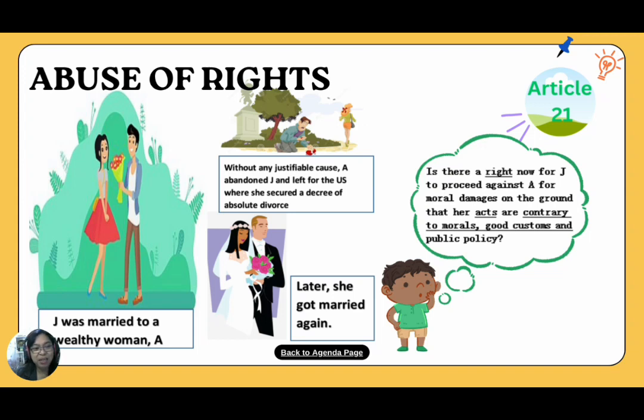Does J have the right to proceed against A for moral damages on the ground that her acts are contrary to morals, good customs, and public policy? What do you think? Is J's contention tenable, that he can claim?